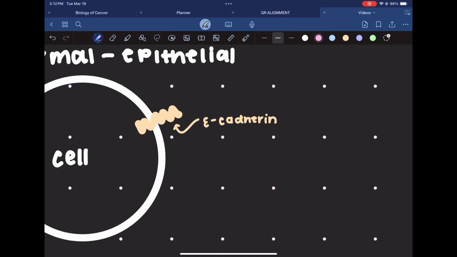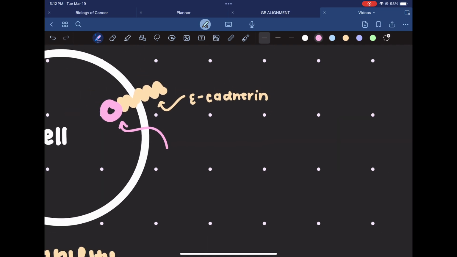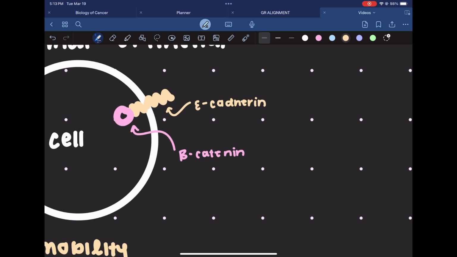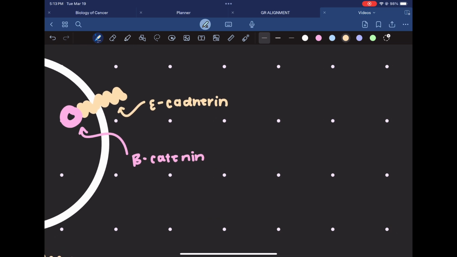And then secondly, we have another protein called beta-catenin. So to walk through what these two proteins do, E-cadherin is responsible for connecting cells together and allowing them to communicate.